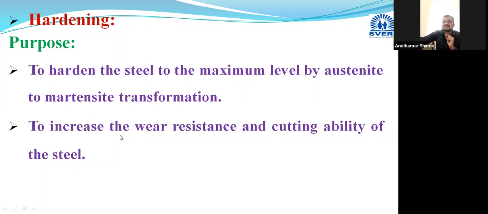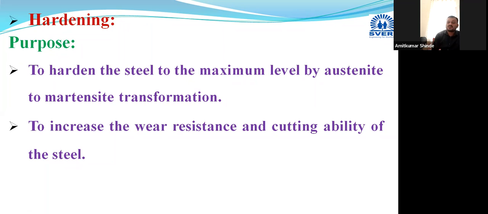Then another aim, you can consider it as a second aim. The first aim is to harden it by transforming the austenite into martensite phase. That martensite will provide you the maximum possible hardness. And the second aim of conducting this hardening treatment process is to increase the wear resistance and cutting ability of the steel.